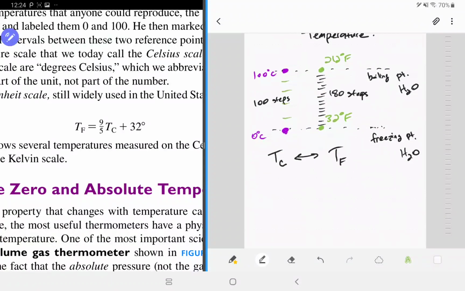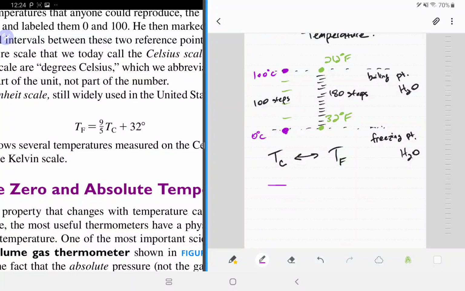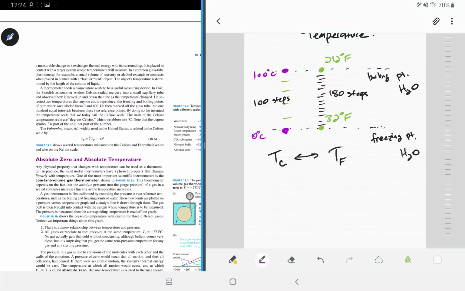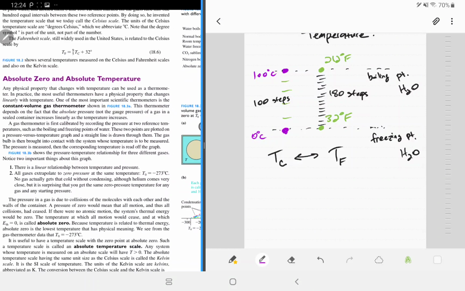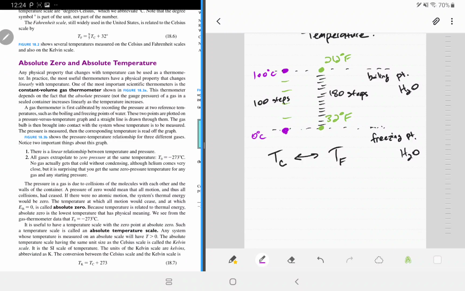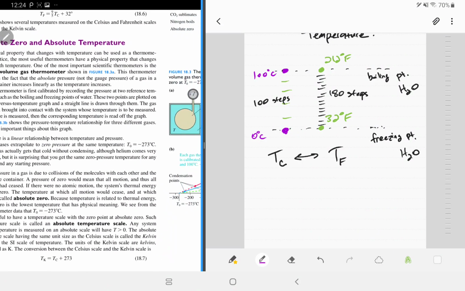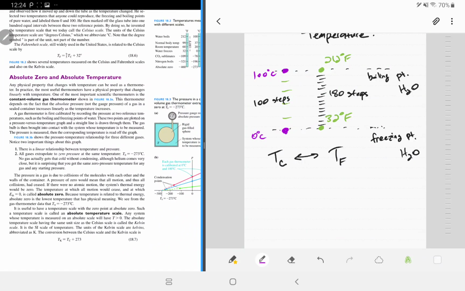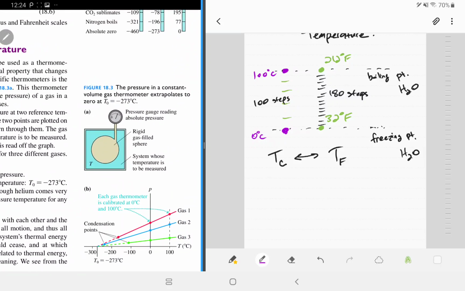Okay, there's one temperature scale that you might not be as familiar with, and that is Kelvin. One important fact about temperature, which we're going to see later in this chapter, is that there's a linear relationship between temperature and pressure. One way of measuring temperature is to see what they did right here.